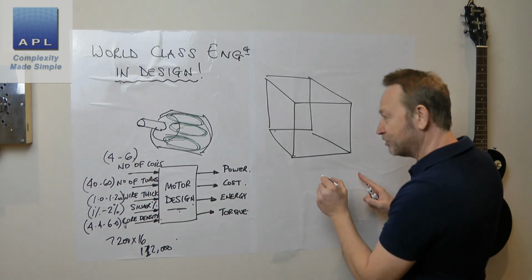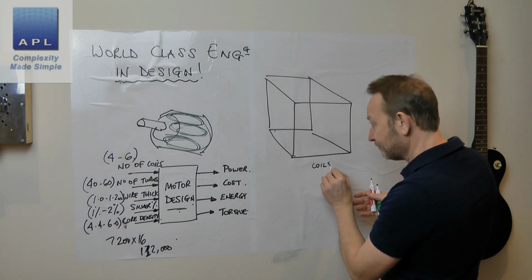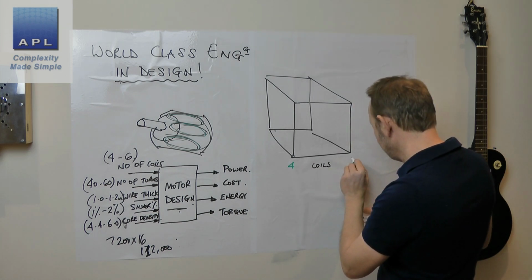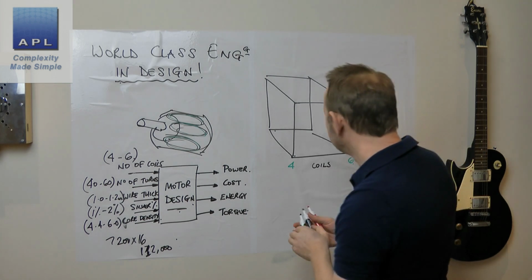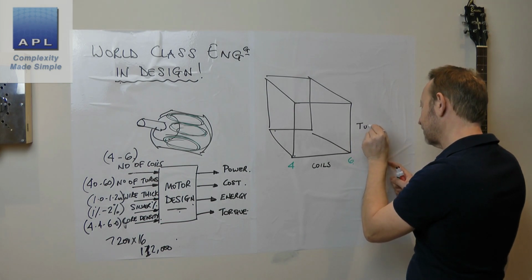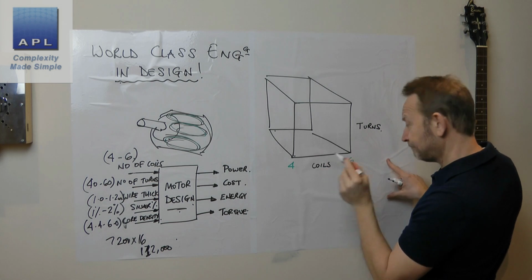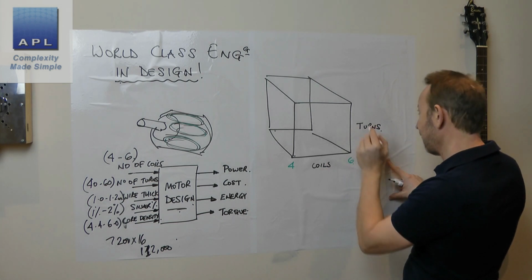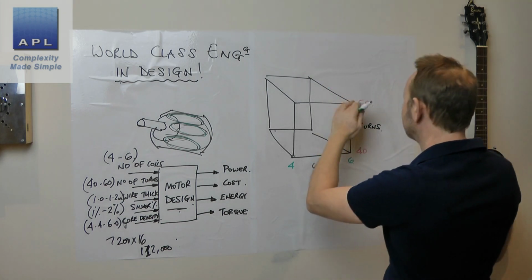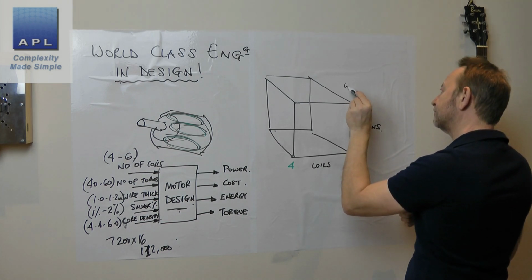So if we put the number of coils here, look, so if we go coils and we say, what do we say, 4 to 6, then we went number of turns. So the turns here, and we go, what is it, 40, 60, and then finally back to front we'll go wire thickness.